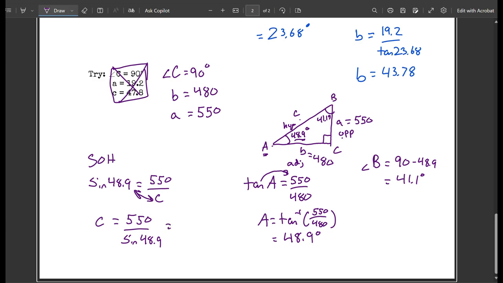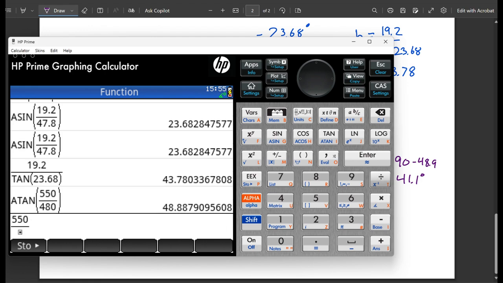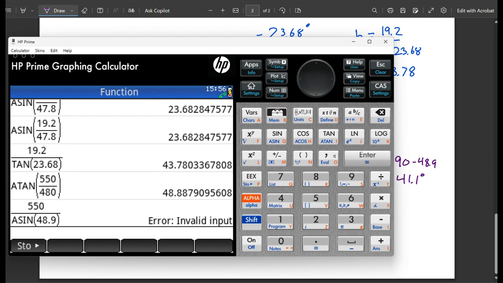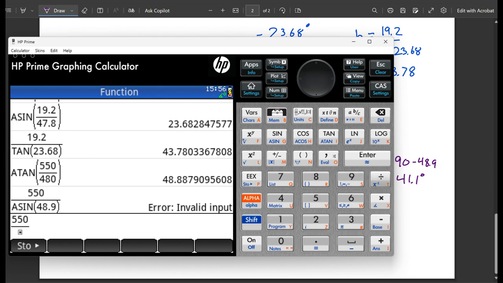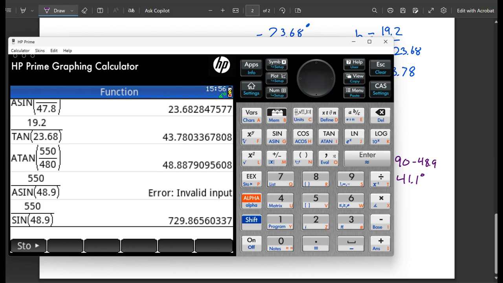That's going to require the calculator. Oh, somehow I got the arc sine. Okay, 550 divided by sine 48.9. Here we go, this is the right one. And we get a large side, 729.86.